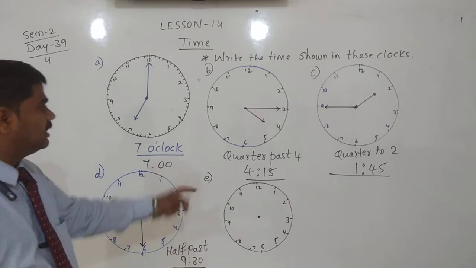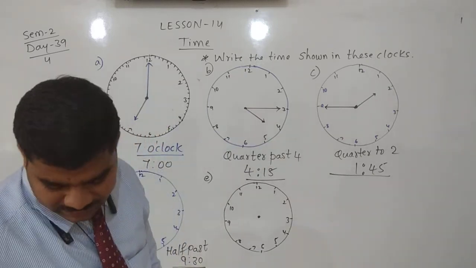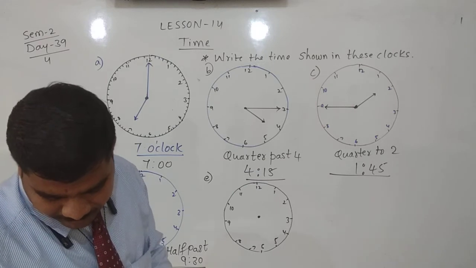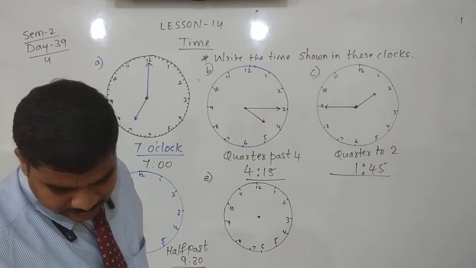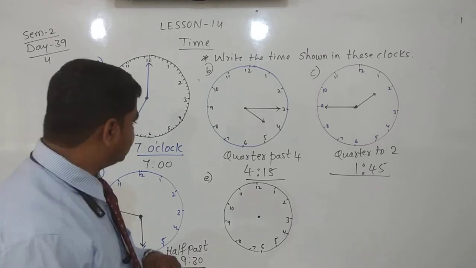Draw these clocks neatly in your notebook. Leave sufficient space for each one. Maintain proper distance between each clock. Here the minute hand is showing at 5.